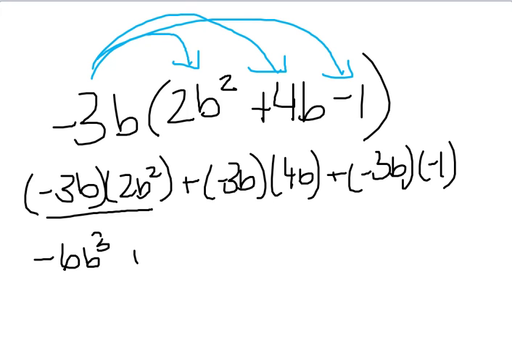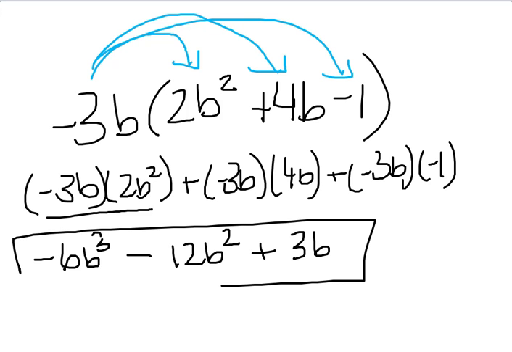And then I'm going to have a plus negative 3b times 4b, that's a 12b squared, but it's negative, so I'm actually just going to make the whole thing negative. And then I have plus negative 3b times negative 1, which is a positive 3b. So that's my final answer: negative 6b cubed minus 12b squared plus 3b.